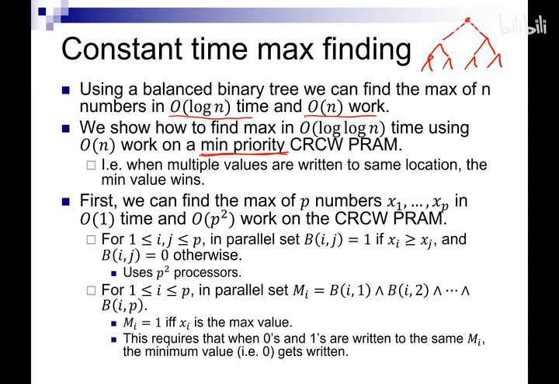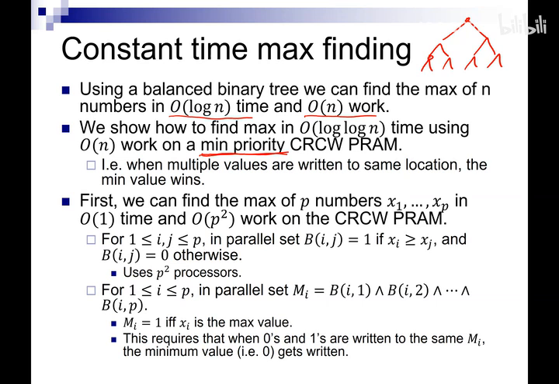So we have p numbers and p squared processors. For every pair of numbers, let's say xi and xj, we're going to assign one processor to that pair. Then we have p squared pairs of numbers, and that's why we have p squared processors.